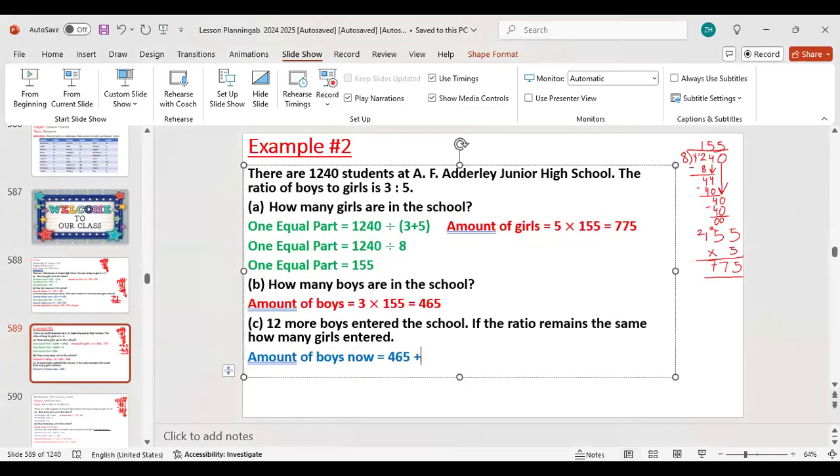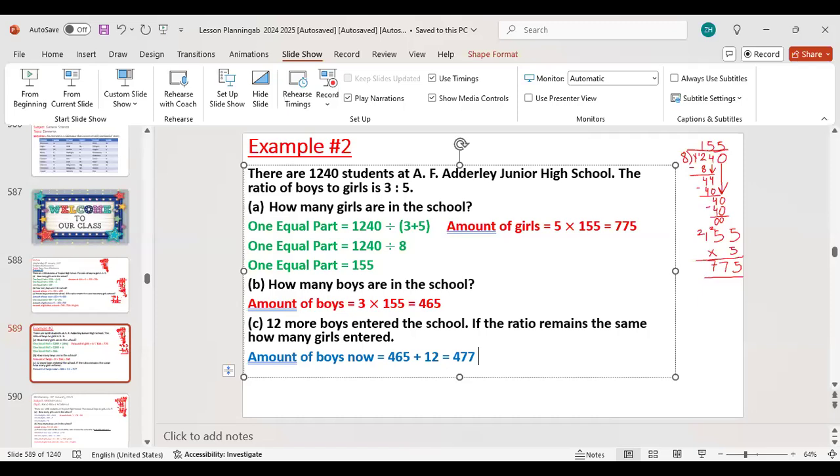But how much are we adding to it? We're adding 12. So we have 465 plus 12, which gives us 477. That's the amount of boys now.